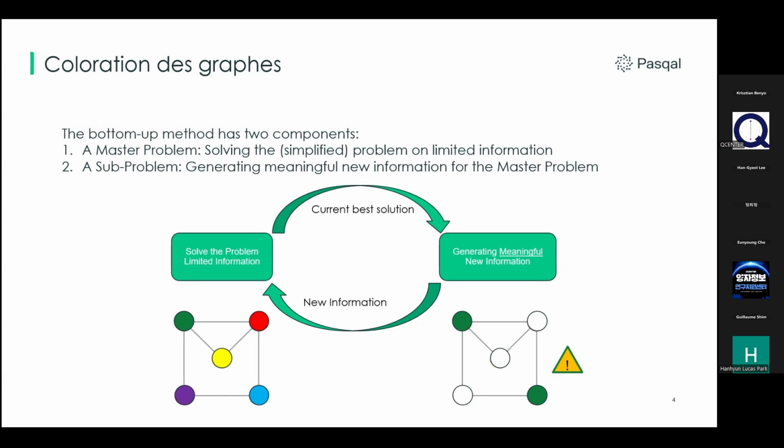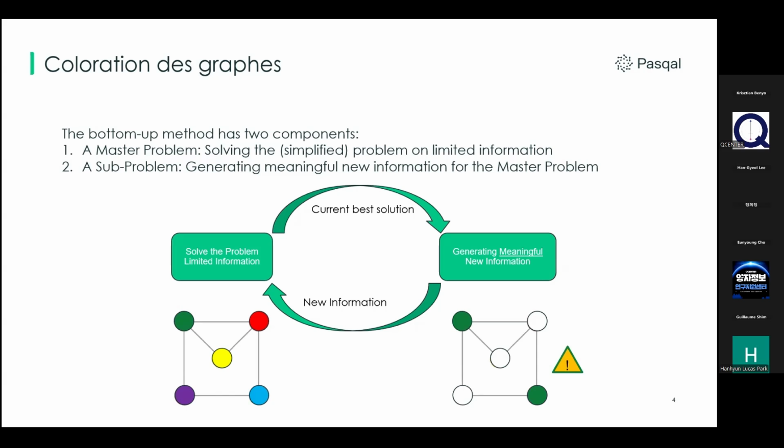The column generation in particular relies on the primal-dual formulation of any type of optimization problem, in order to propose what we call a master problem or reduced master problem, which tasks you to solve the initial problem but in a simplified context, typically only allowing for the graph coloring a specific type of coloring or a specific number of colors to be used.